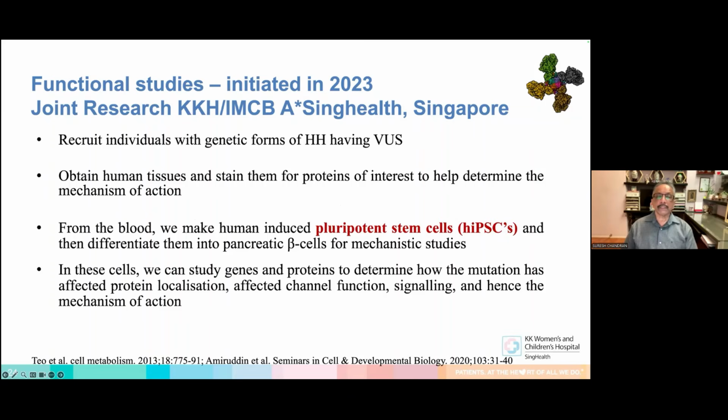In these cells, we can study the genes and proteins to determine how the mutation has affected protein localization, channel function, and signaling, and hence the mechanism of action. So this is the only way to prove that this particular mutation has caused the disease in this particular patient.